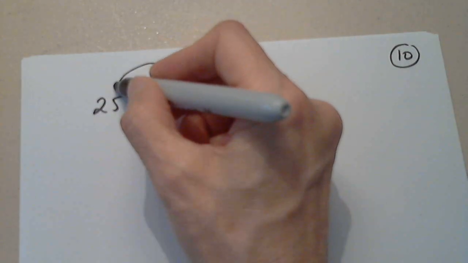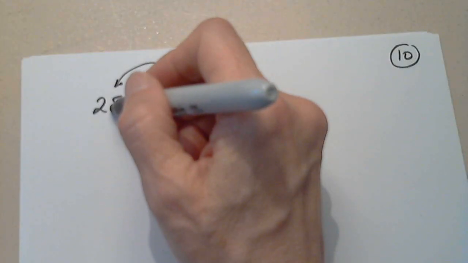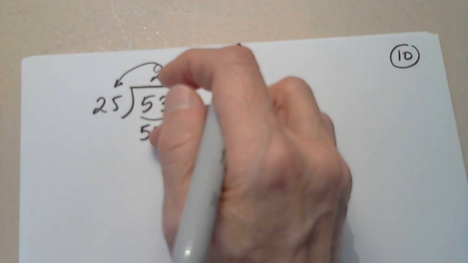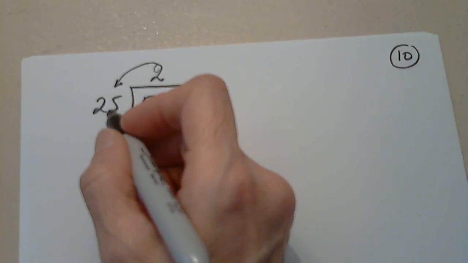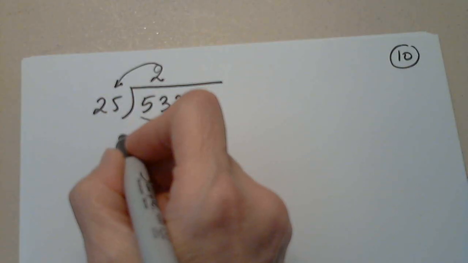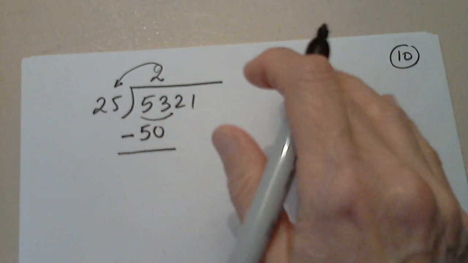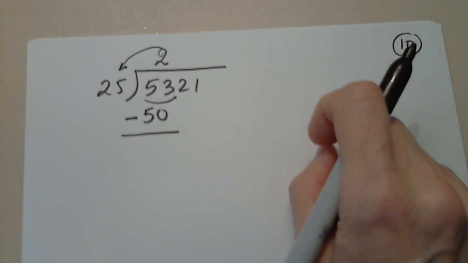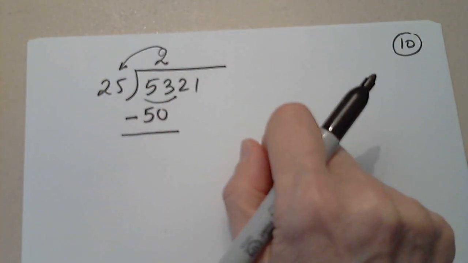I go back and distribute, multiply. 2 times 25. I write underneath the like term, but 2 times 25 is not negative 25, but I have to change the sign because I subtract. Again, 2 times 25 is not negative 50, but I have to change the sign every time I write underneath.